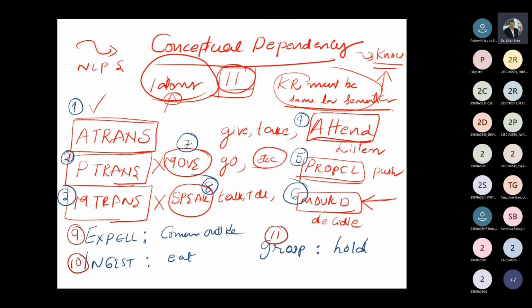Asked means, is it a speak or mtrans? The customer has asked for a menu. So is it mtrans or what?